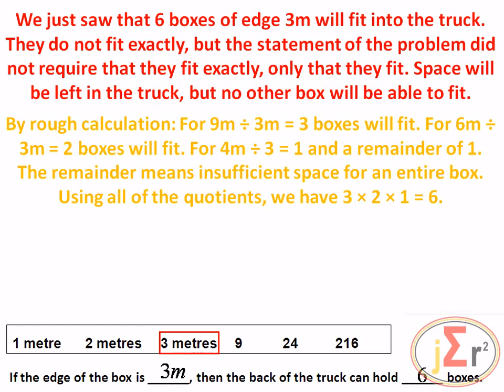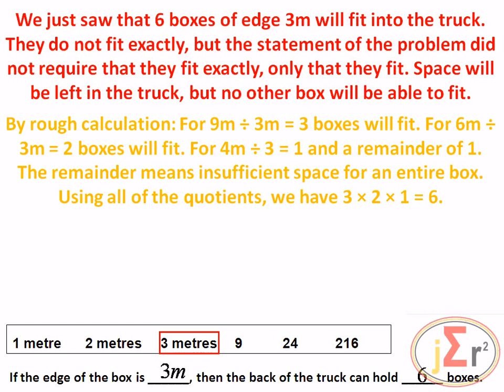But for 4, only 1, and a remainder of 1. So 4 divided by 3 is equal to 1, and there will be a remainder of 1. The remainder means that we have insufficient space for an entire box.